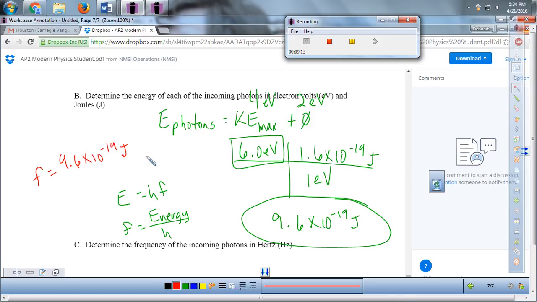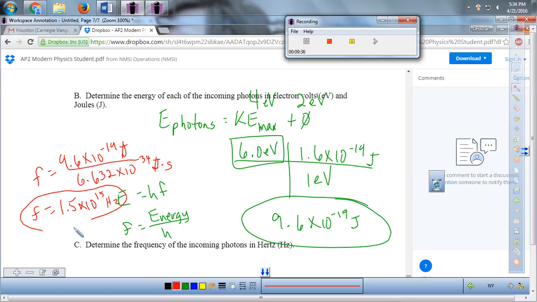You could do it in electron volts if you wanted. I'm just so used to joules. Divided by Planck's constant, 6.63 times 10 to the negative 34th joule seconds. Joules will cancel. So when I divide that, I got my frequency to be 1.5 times 10 to the 15th hertz. So that one wasn't too challenging.